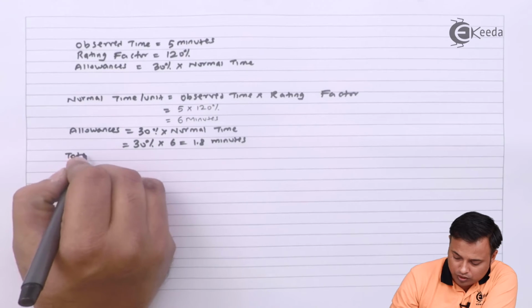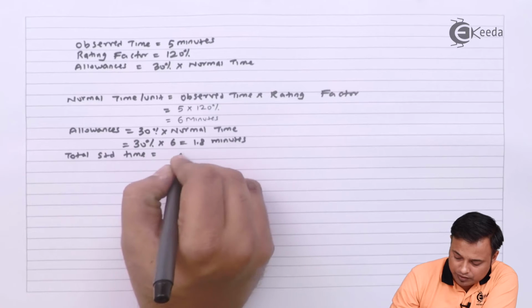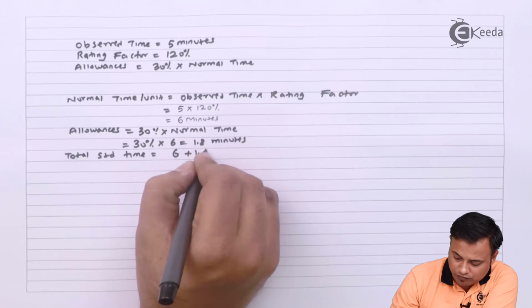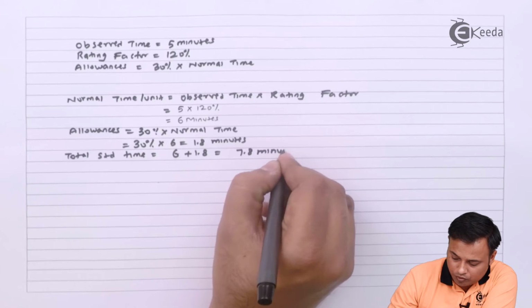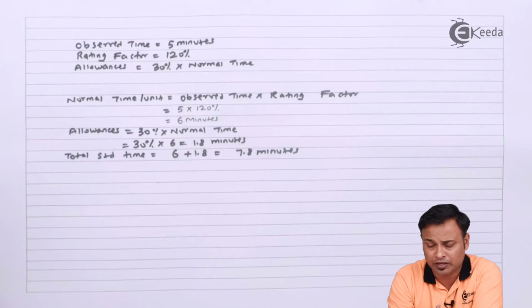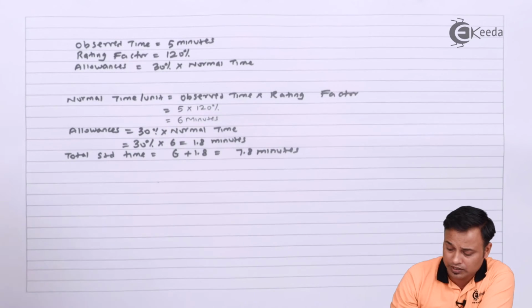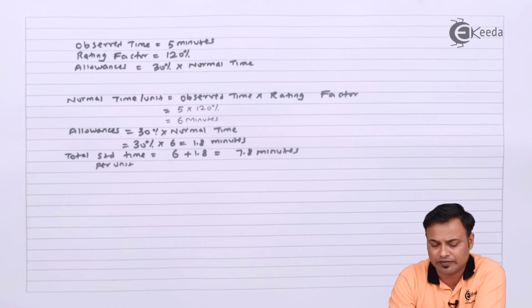So your total standard time will be 6 plus 1.8, which will be 7.8 minutes. 7.8 minutes is the total time that will be taken for the purpose of making one unit. Total standard time per unit shall be 7.8 minutes.